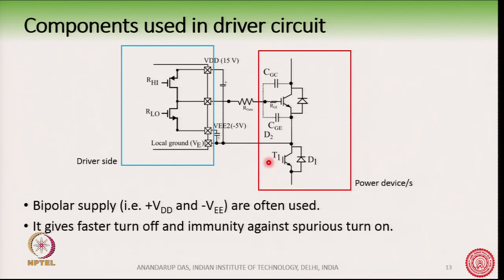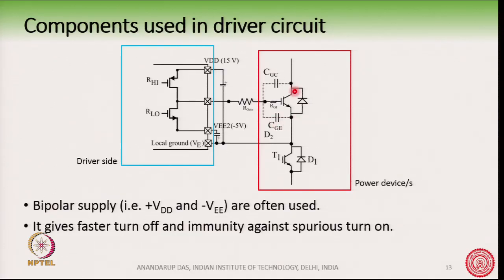Now, when we want to discharge it, we would like to discharge it to a negative voltage. There are certain advantages. First, if you discharge it to a negative voltage, it will give you a faster turn off, and there will also be immunity against spurious turn on. We will discuss that sometime later, but you should understand that we are trying to charge these two capacitors up.